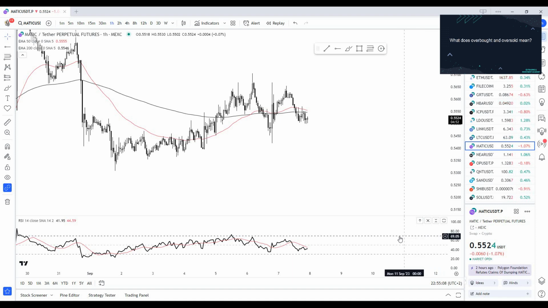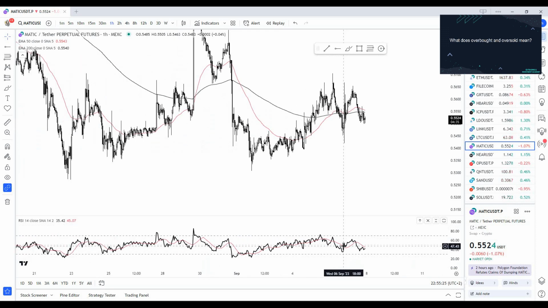Usually they say when the RSI trends above 70, it's considered overbought, and when it's under 30, it's considered oversold. And what overbought means is just that there's a lot of buy pressure, there's a lot of people buying, but that has to come to a climax.